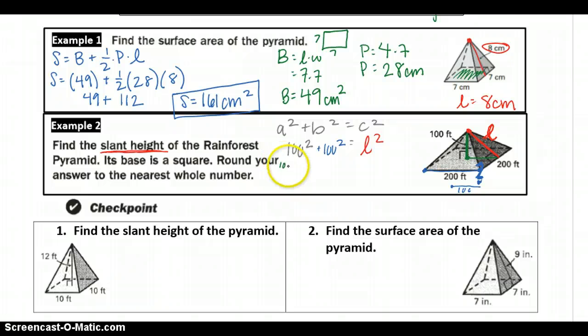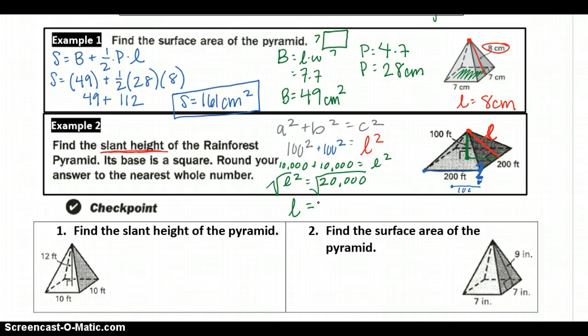So I will have 10,000 plus 10,000 equals L squared, which will give me that L squared is equal to 20,000. To undo a square, we have to use a square root. So I'm going to take the square root of both sides.